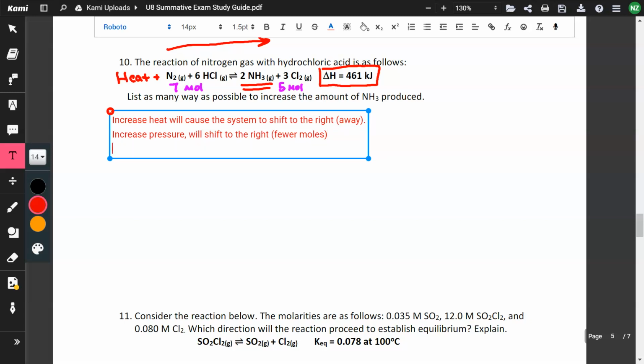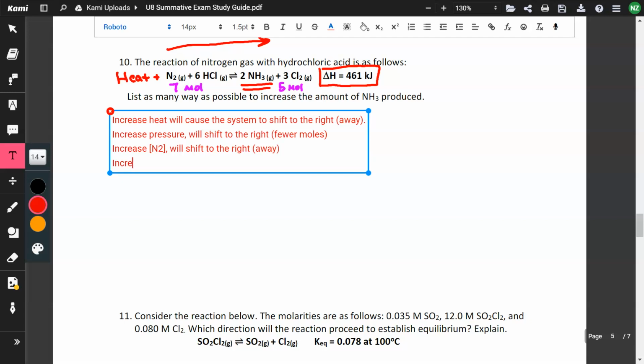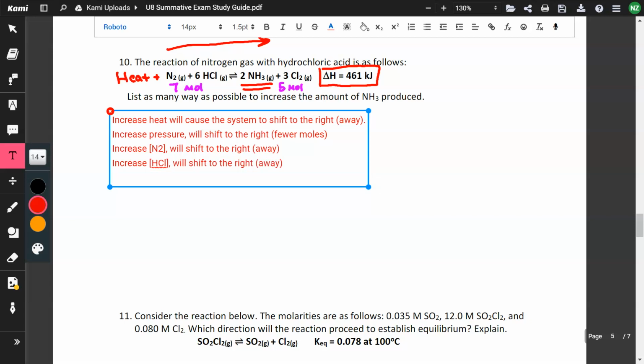Let's see, what else could we do? We could increase our concentration of N2. It will shift away, to the right. We could also increase our concentration of HCl. That's also on the left, so it will shift to the right, away. On the right side, we could decrease.